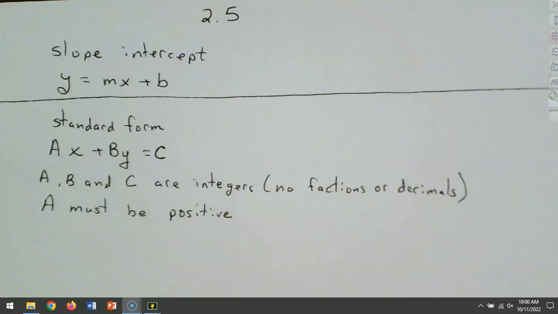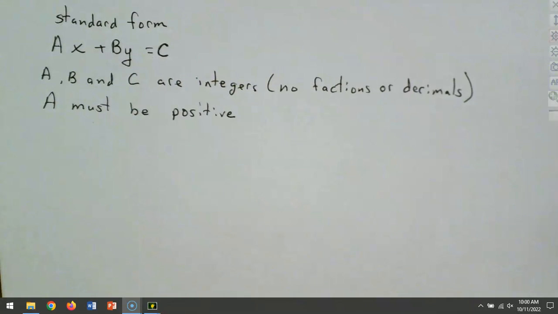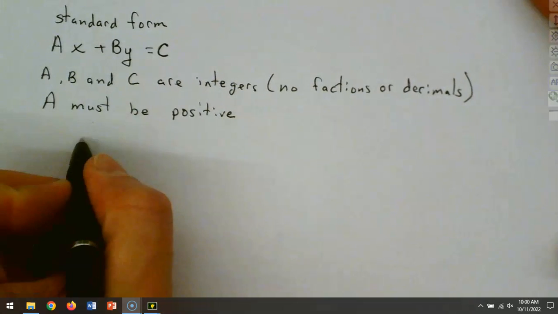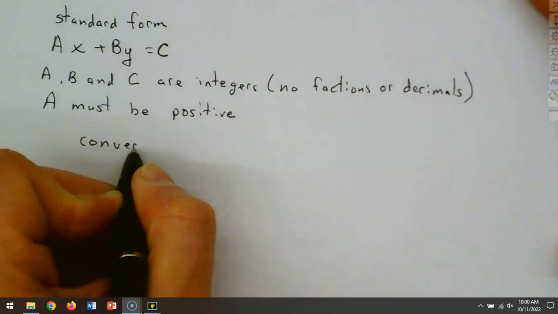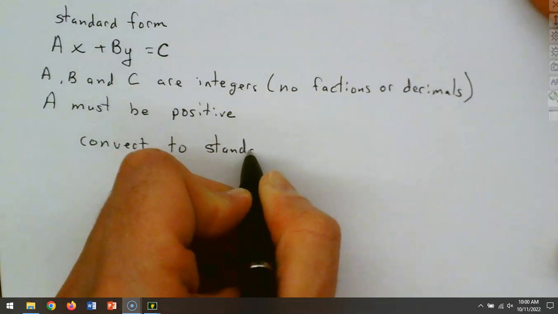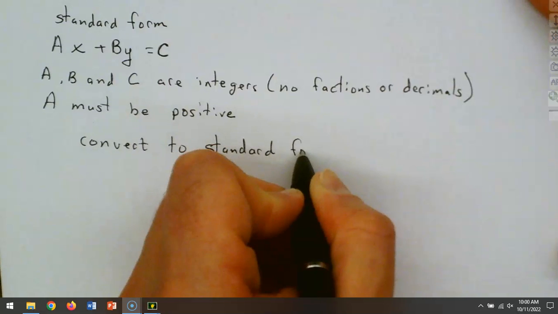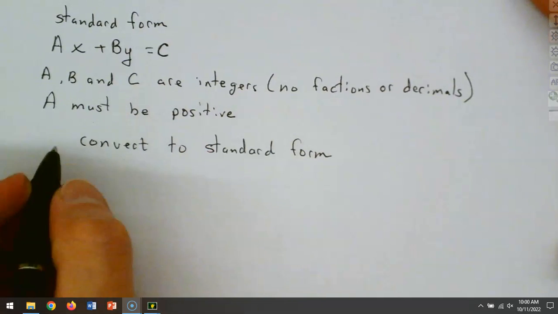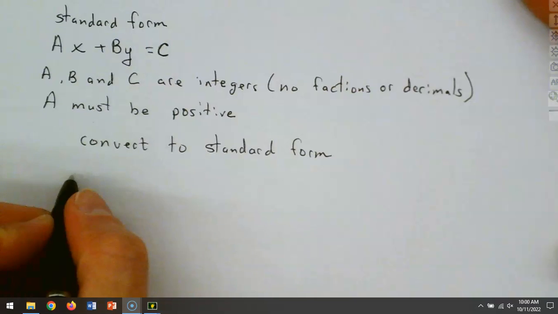So if we get an equation that starts off with a negative, it's not in standard form. Let's do two of these where we convert from slope-intercept to standard. So we're going to convert these to standard form.